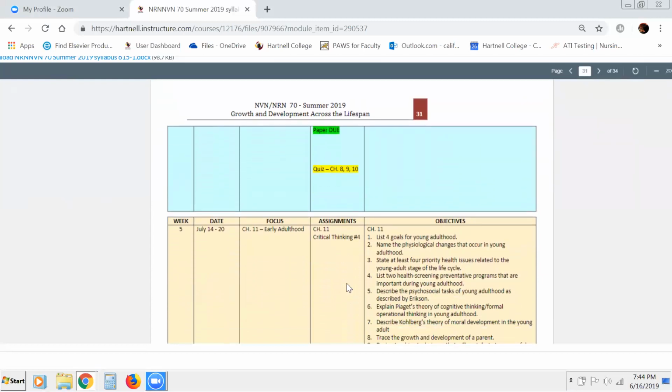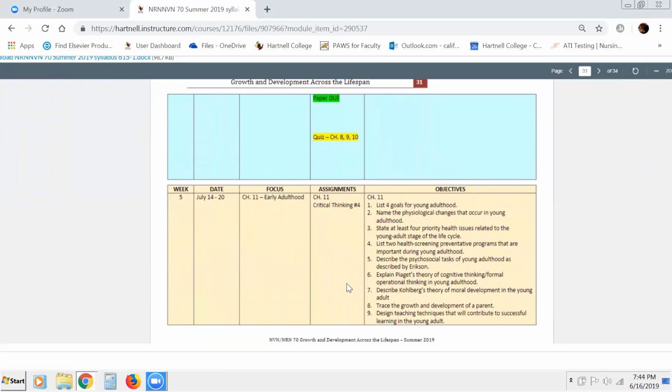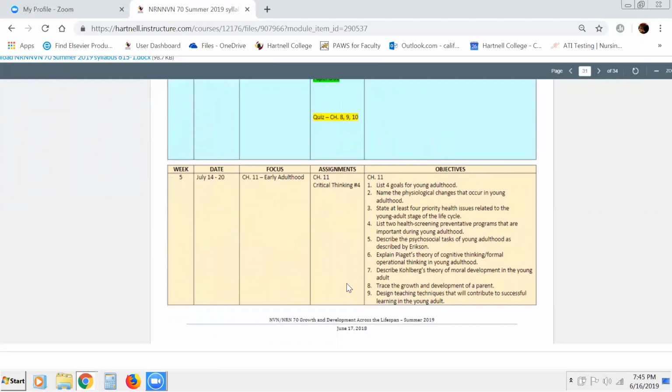All right, week 5. Week 5 is probably the most difficult week because it has the most content in it. Your developmental paper is done. However, you will have turned that in, so that's good. In chapter 11, we're looking at early adulthood.